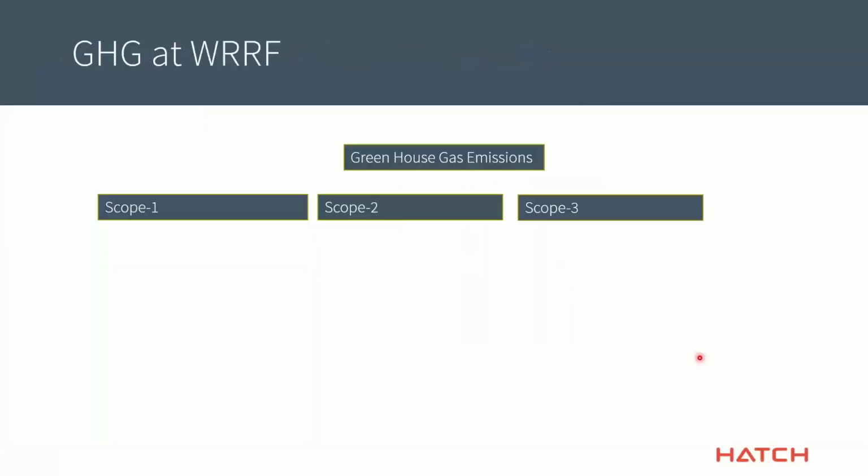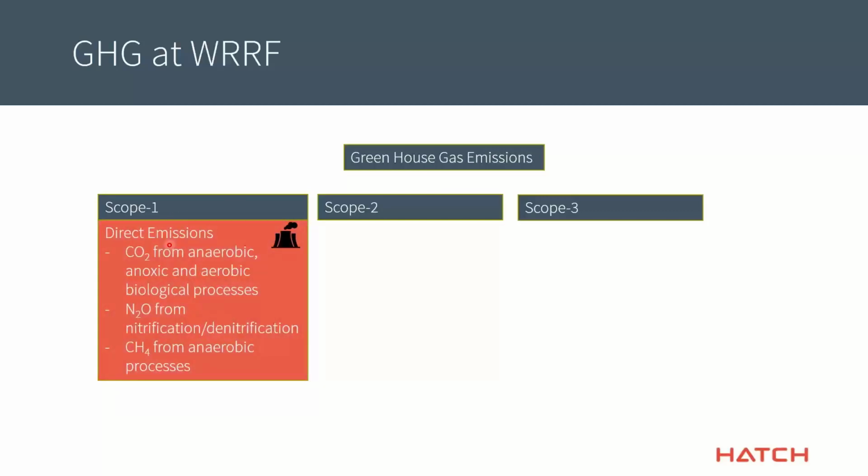So just to give you an overview of how we are doing it in GPSX. We are calculating the total greenhouse gas emission for a given process flow diagram that you will build in GPSX. And it will be divided into 3 categories: scope 1, scope 2, and scope 3.